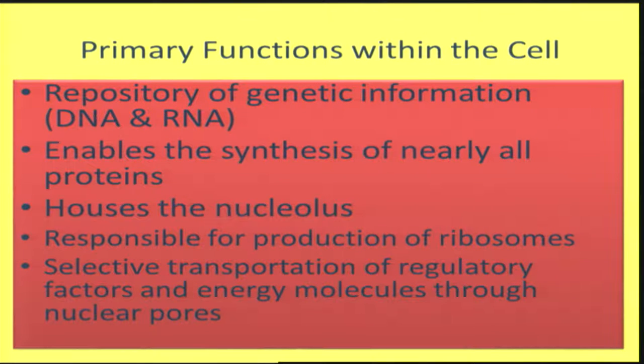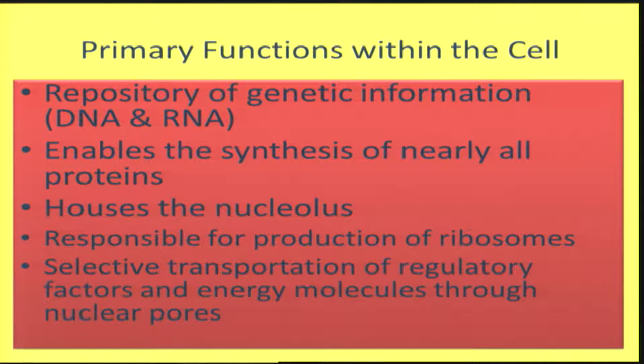What are the primary functions of this important organelle within the cell? It is considered to be a repository of genetic information, DNA as well as RNA. It enables the synthesis of nearly all the proteins, houses the nucleolus, which is responsible for the production of ribosomes, and enables selective transportation of regulatory factors and energy molecules through the nuclear pores.